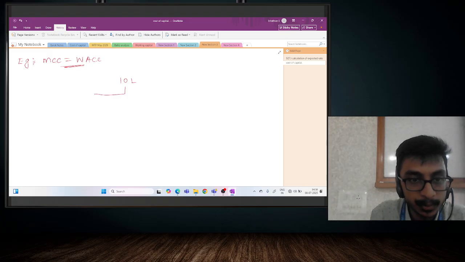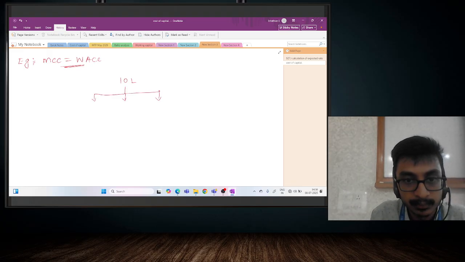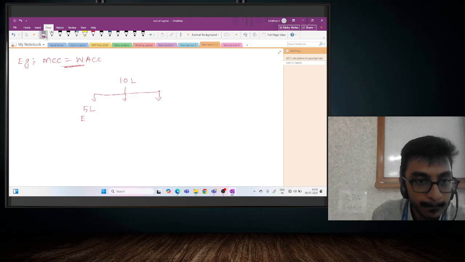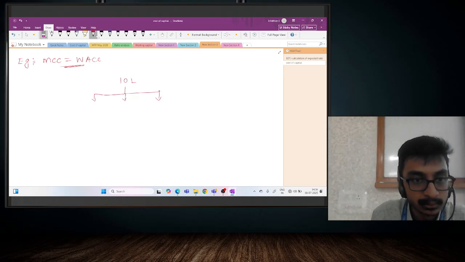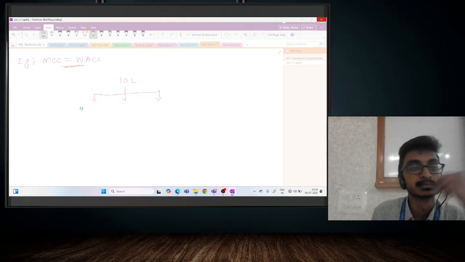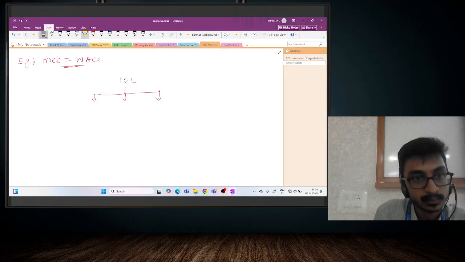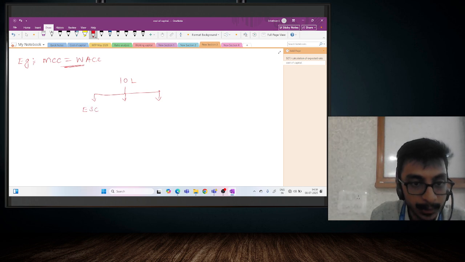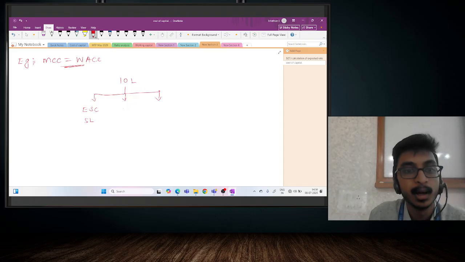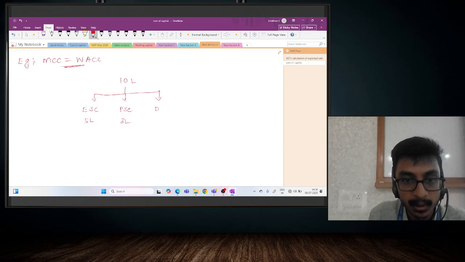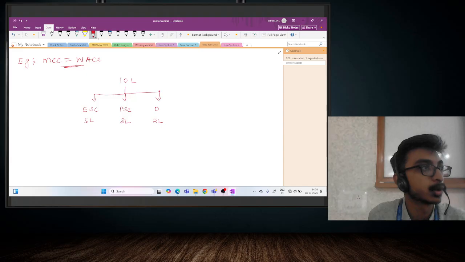Out of this 10 lakh rupees, equity share capital is 5 lakh rupees and preference share capital is 3 lakh rupees and debentures is, let's say, 2 lakh rupees.